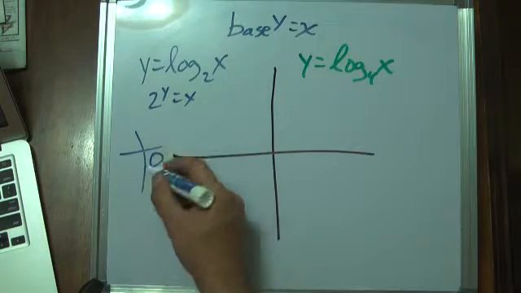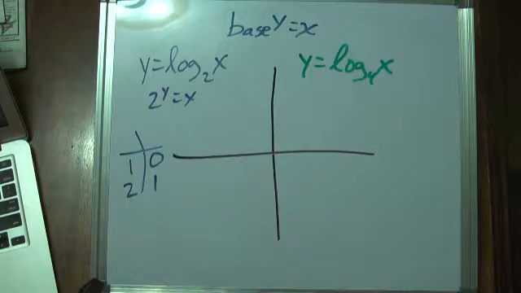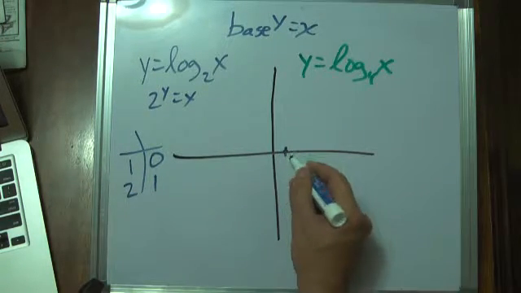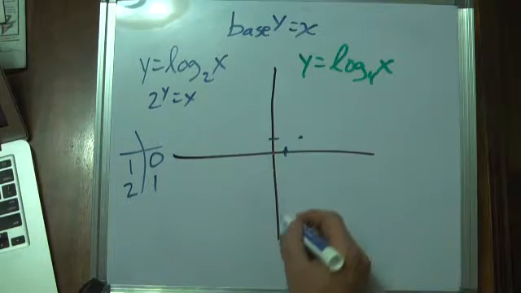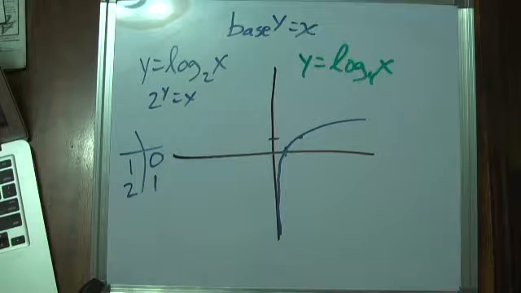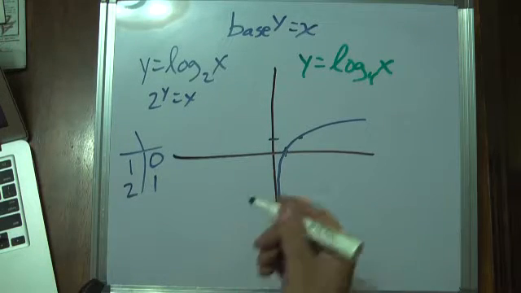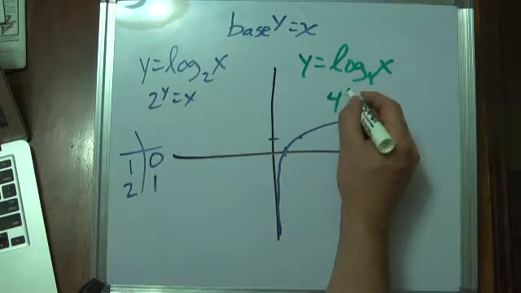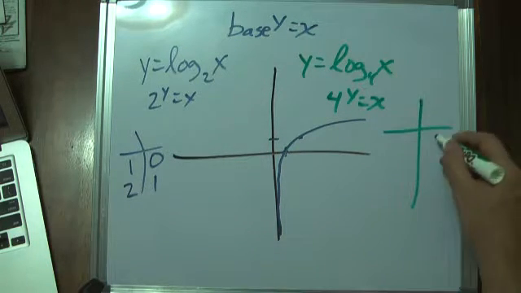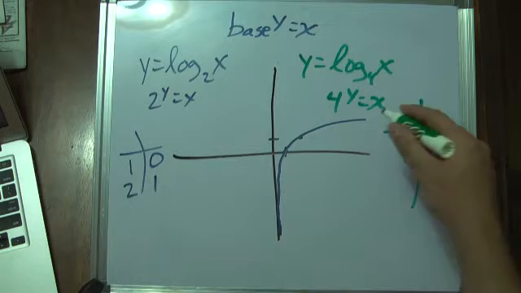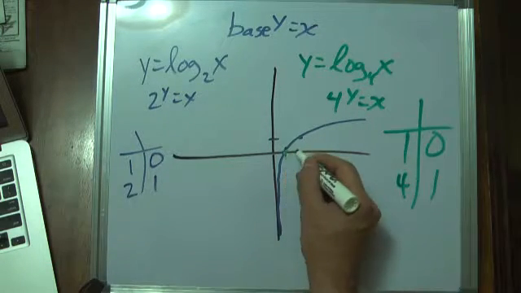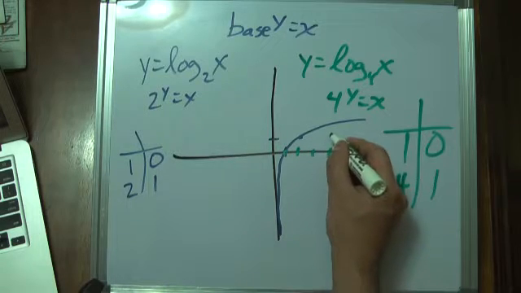2 to the 0 power is 1. 2 to the first power is 2. So we graph (1, 0) and (2, 1). There's a vertical asymptote for a logarithmic function, so it looks about like that. This one we will now have 4 to the y power equals x. 4 to the 0 is 1, 4 to the first is 4, so (1, 0) and (4, 1).